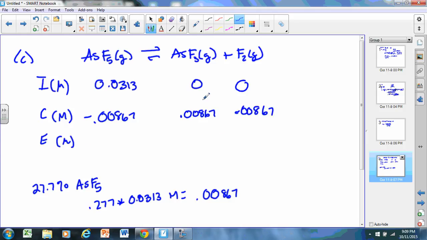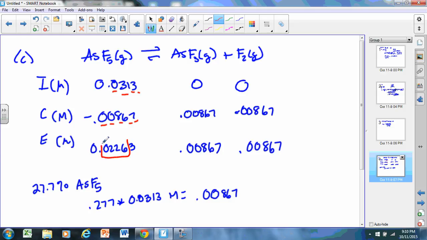And remember, this third row is gotten by adding. So 0 plus 0.00867. This is 0.00867. Now I've got this weird sig fig rule. When I do this on the calculator, just like a 7th grader would do it, 0.0313 minus 0.00867, I get 0.02263. But remember the rule for subtraction. This one has 4 decimal places, but this one has 5, so I only get 4.